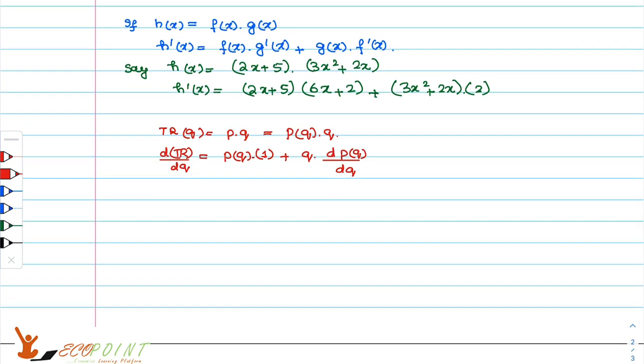Right? So I can very well write this as P plus Q into P dash Q. This is what my MR function is, marginal revenue function. Right? Correct?